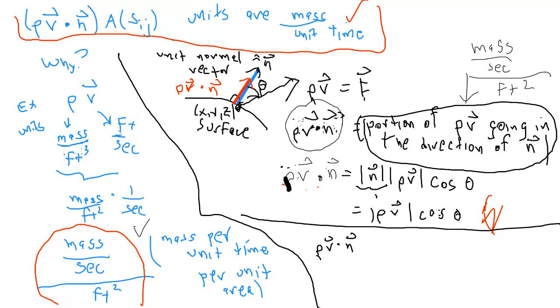Just like taking the dot product of that vector with another vector, the units are the same, right? So, okay.